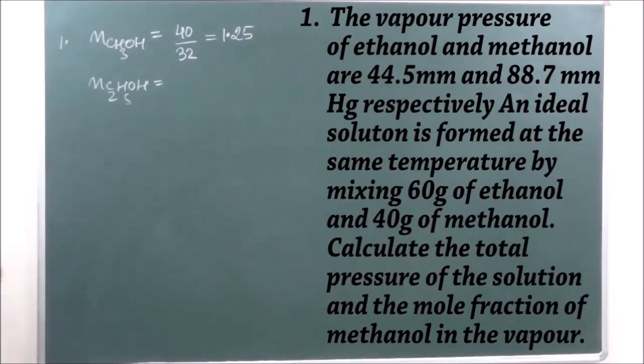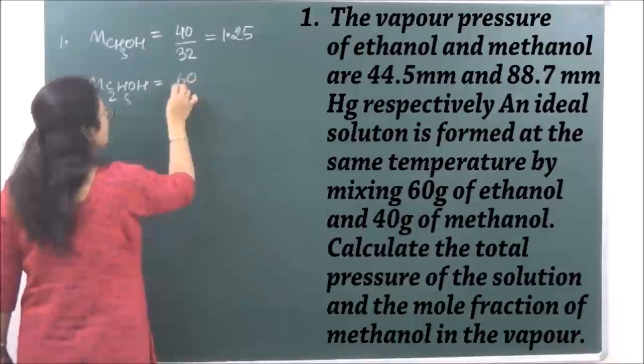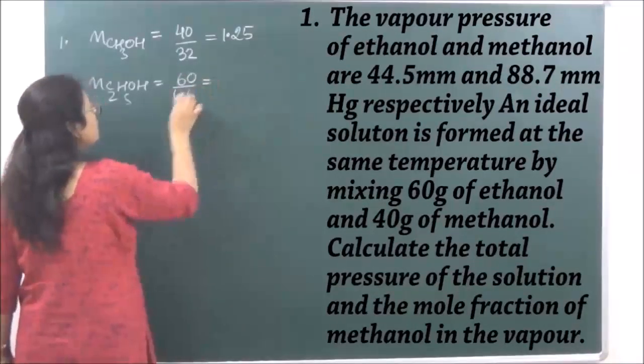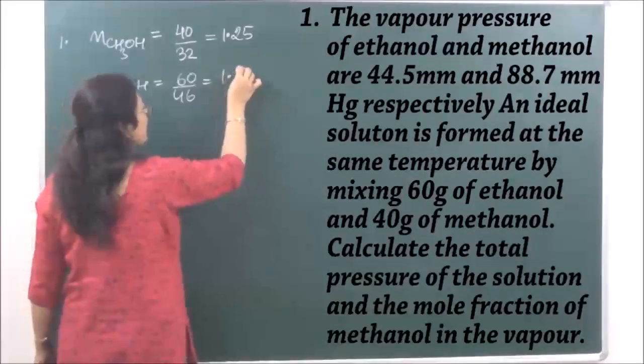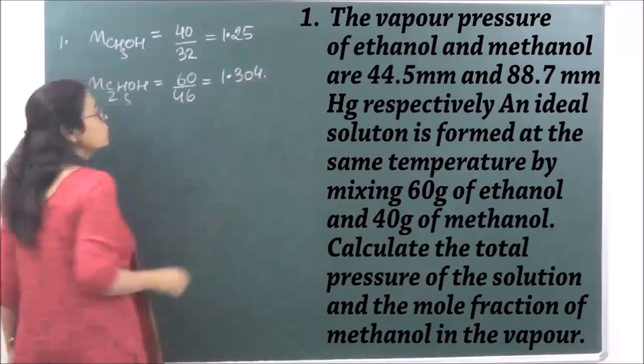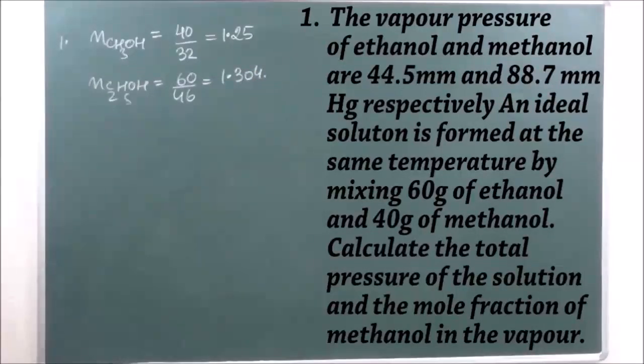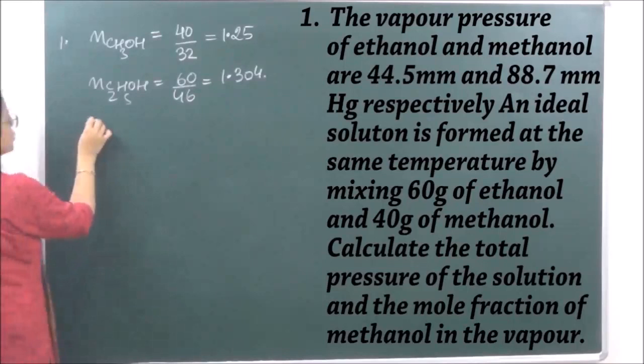Then let's calculate the number of moles of ethyl alcohol. The weight given is 60, molar mass is 46, right? And this when calculated comes to 1.304. Then let's calculate the mole fraction of each.